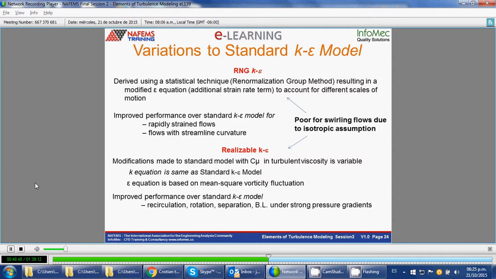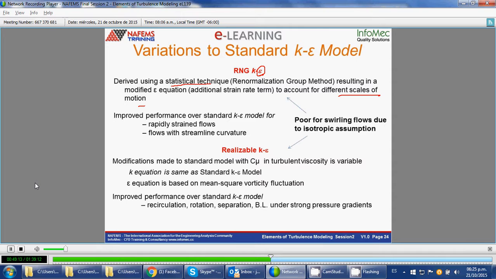One is called RNG, renormalization group method, k epsilon. It's basically derived from a statistical technique. And basically it says, the problem comes from epsilon, so why don't we have a fix for that? And we'll put an additional strain term in there to account for different scales of motion.